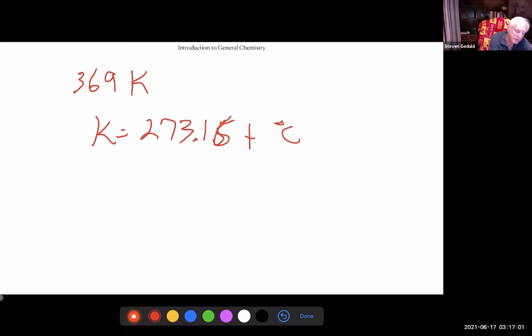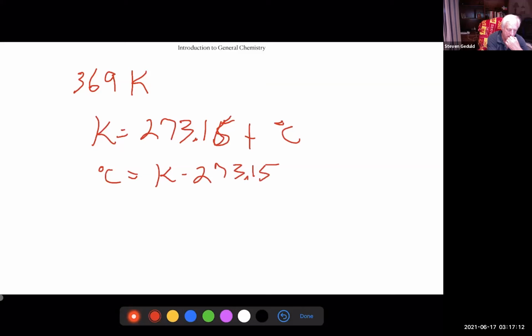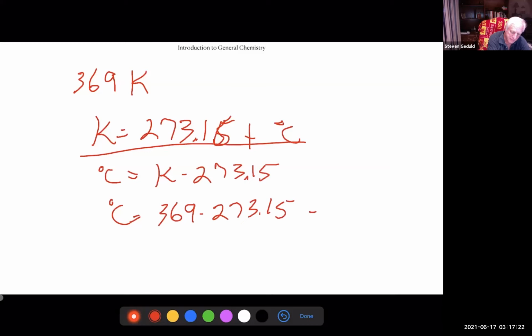So if you're given Kelvin, our degrees centigrade is equal to our Kelvin minus 273.15. Just rearrange this formula here. So our degrees centigrade, you have Kelvin, which is 369 minus 273.15. And that gives you your degrees centigrade.